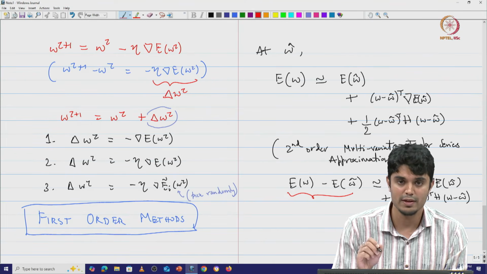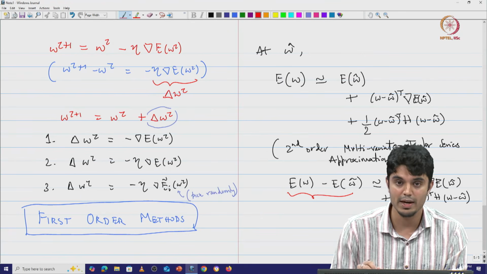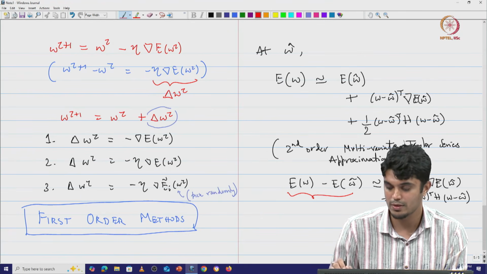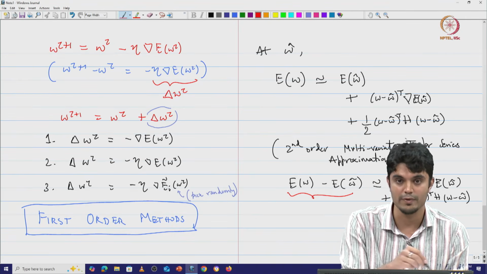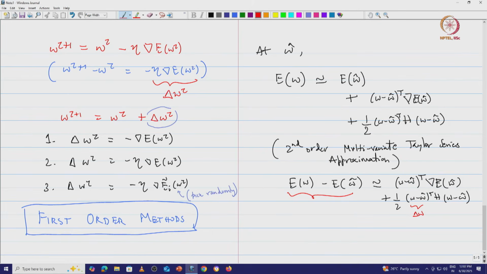But now we are looking at something interesting. We are going to minimize this with respect to omega minus omega hat. If we denote this as delta omega, like we did when we generalized and made this abstract, then we minimize this expression with respect to delta omega.